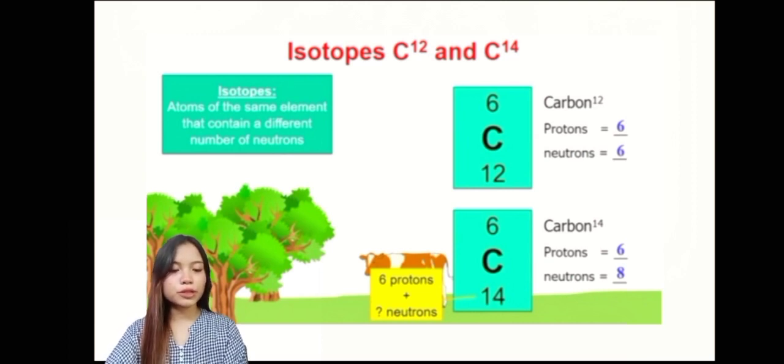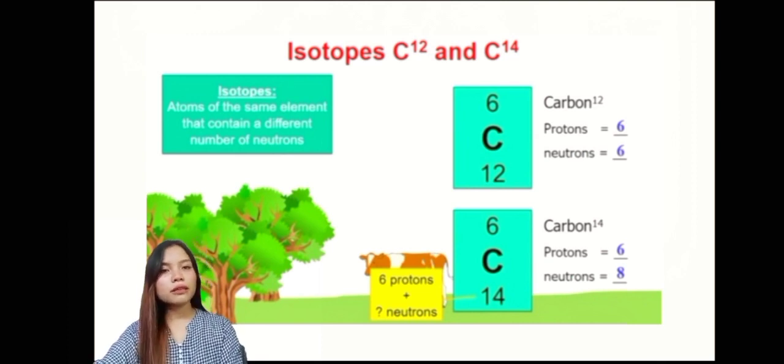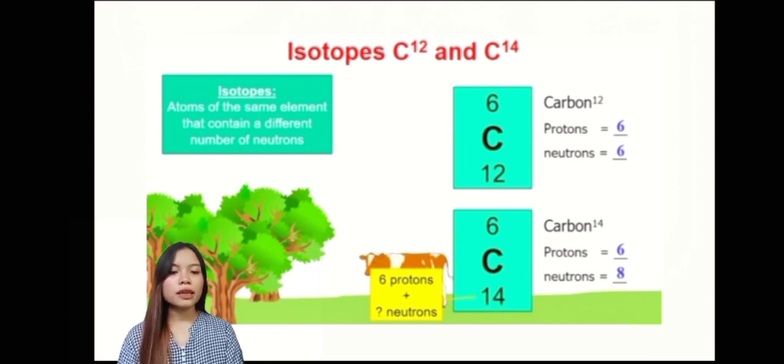Then, ang mass number sa carbon 14 is 14, i-subtract na nimo siya sa 6, which is ang atomic number sa carbon 14, then ang result ana kay 8. Then ang 8 mao na siya ang neutrons. So as we can see, lahi sila neutrons. Ang carbon 12 kay naay 6 nga neutrons, nya ang carbon 14 kay naay 8 nga neutrons.